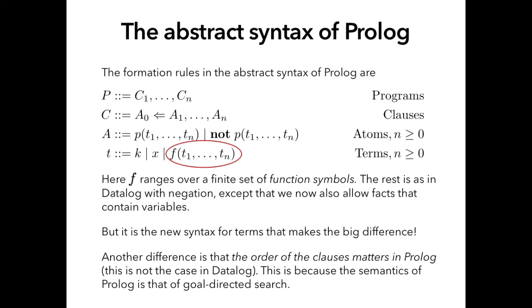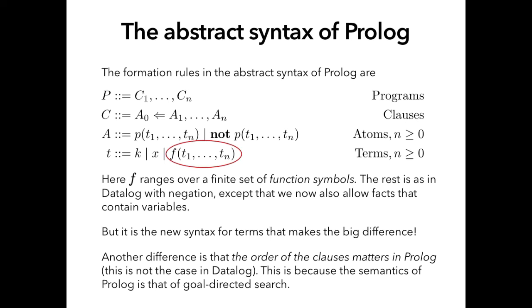An important difference is that the atoms, well, they can be predicate symbols applied to sequences of terms. You saw that in Datalog as well. You have negations of atoms. That's Datalog with negation, but it's not just Datalog. Something more is going on here.